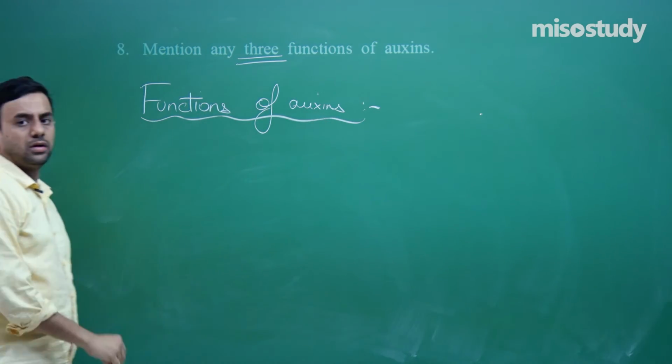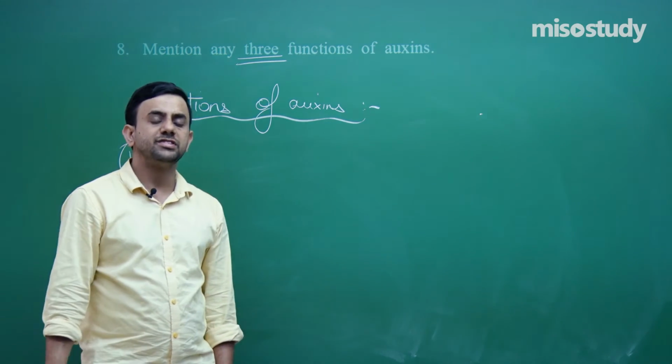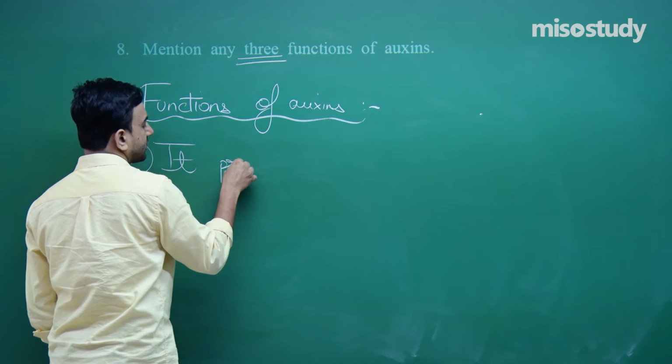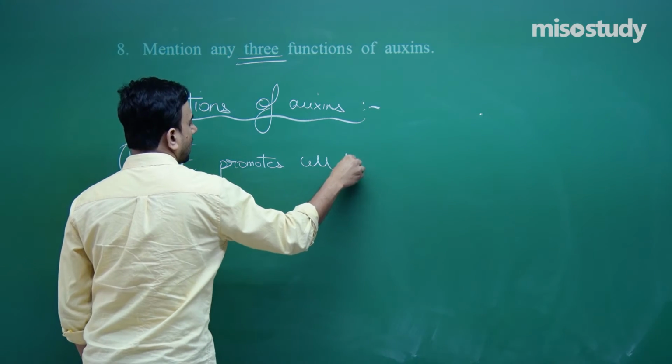The first function of auxin is that it promotes cell division.